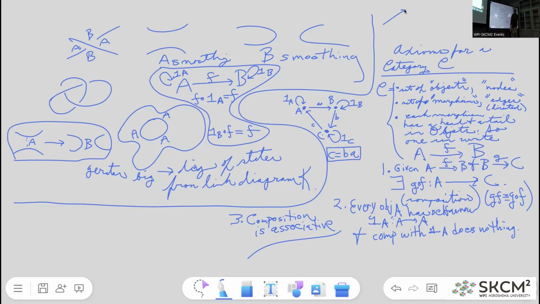If I have F and G and H, there are two ways that I could get an arrow from here to here.